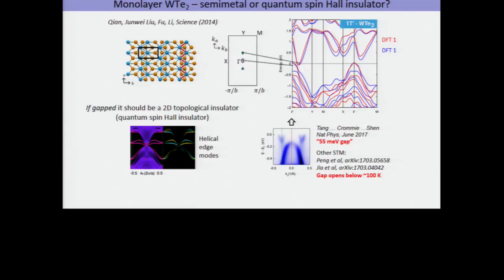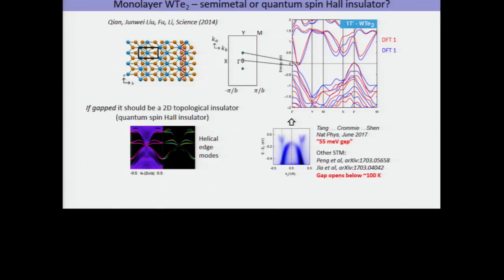ARPES measurements on potassium-doped material done by Shen's group in collaboration with Cromie show this ARPES measurement zoomed in on the gamma point here. And you indeed see this hole, this valence band at gamma, and then these two electron pockets just on either side of it, which you can see here in the Brillouin zone, which I forgot to point to earlier.